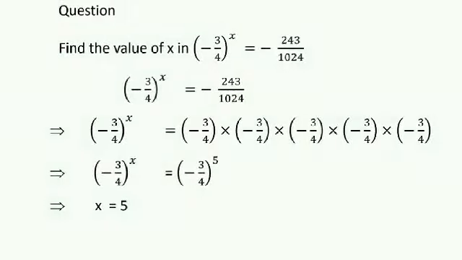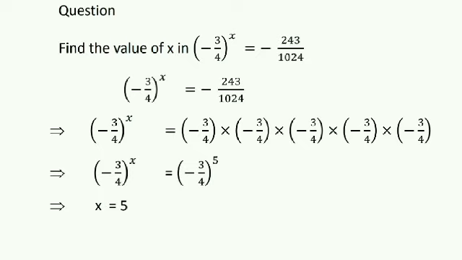Next question. Find the value of x in minus 3 by 4 to the power x is equal to minus 243 by 1024. It is an equation in x and we have to solve it. That means we have to find the value of x. In this, we have to write minus 243 by 1024 as a power of minus 3 by 4.